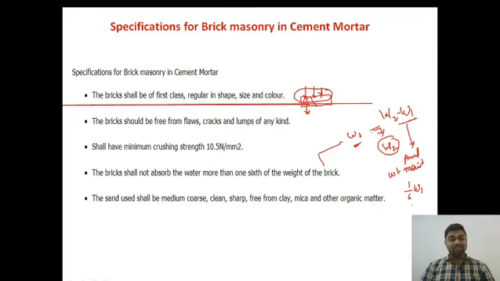The sand which we use should not be very fine also. If the sand is very fine, the contact strength of the mortar will be very less. So the sand should be medium coarse, not very fine.